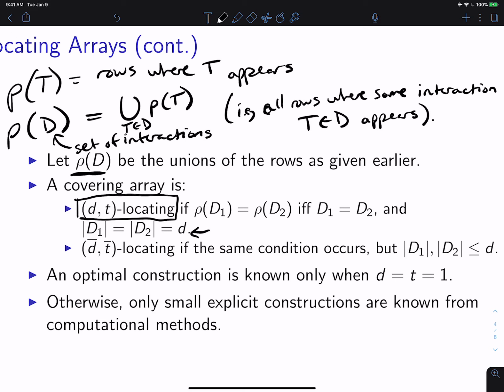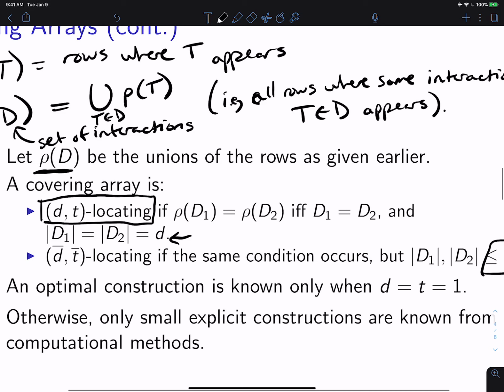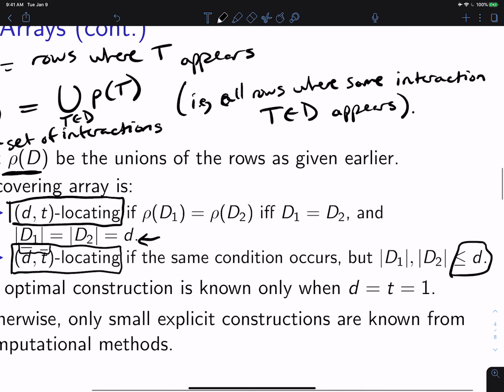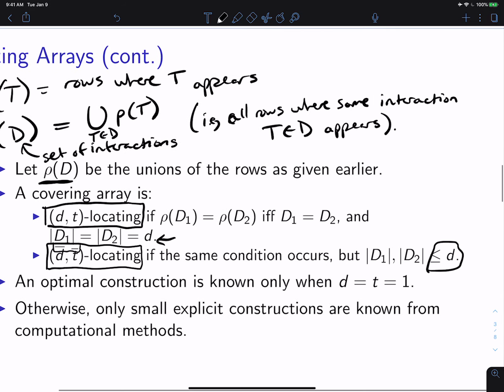Whereas with the less than or equal to D condition, we have to deal with sets of size D minus 1 or less, and it's often harder to work with. So sometimes we want to look at D bar, T bar locating. Notice the bars on the top here. It's exactly the same thing, except the sizes of the sets of interactions are at most D instead of exactly equal to D.